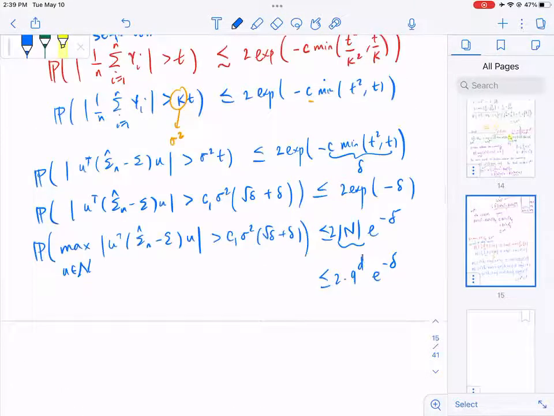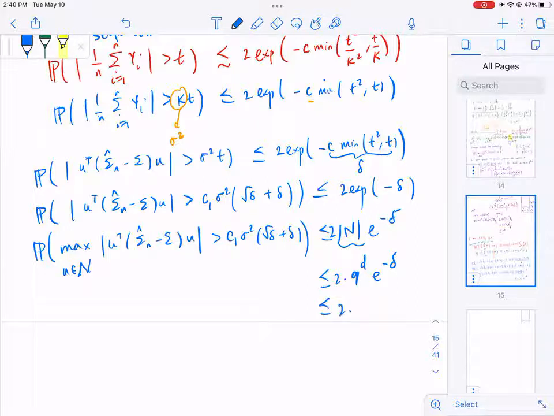So now what do we do? I'm going to kill this. 9 to the d is exponential in d, right? How do I kill this? Yeah, I can certainly do that.